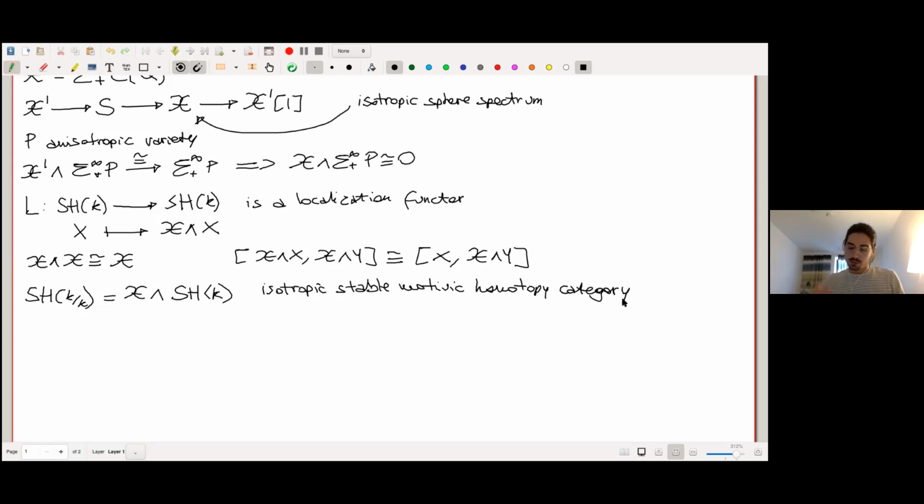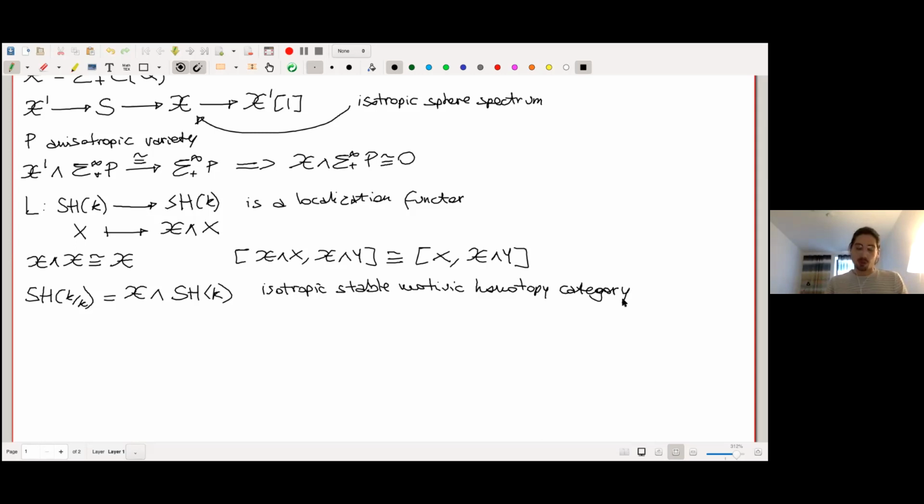Now this category has very nice properties. In particular, it is both localizing and co-localizing, and it is also closed under taking sequential homotopy limits, which I will need later. One of the main goals would be to understand its structure a bit better.